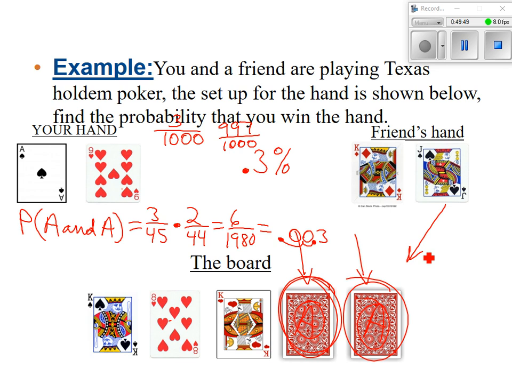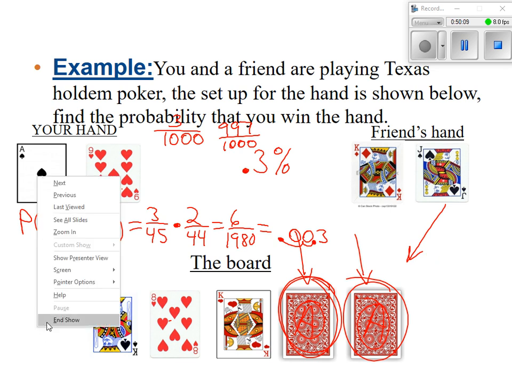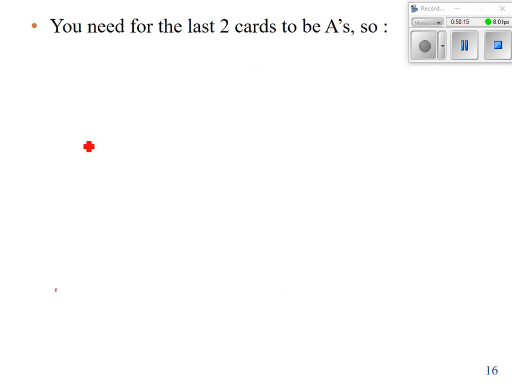Because if it was the jack of hearts, then they would end up with a full house, and that full house beats the flush. That beats everything, doesn't it? Four of a kind or a straight flush. Crazy. So that's not exactly true, but I don't want to teach you how to play poker. That's not what we're here for, and I don't want anybody going home telling their folks Ebersole was teaching us how to play Texas Hold'em in class.